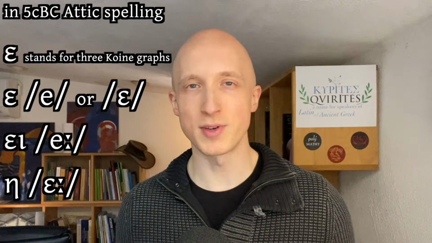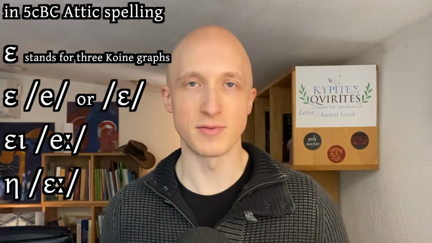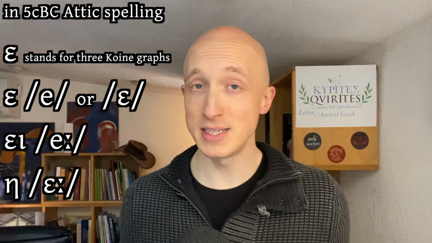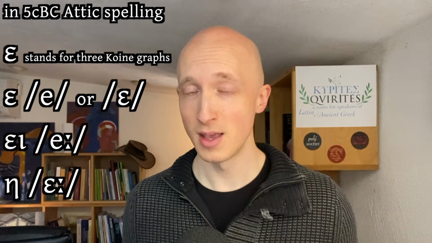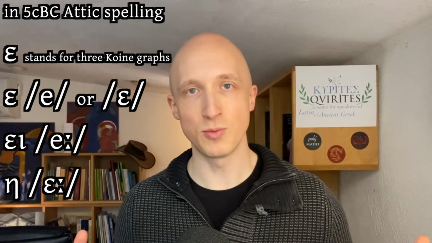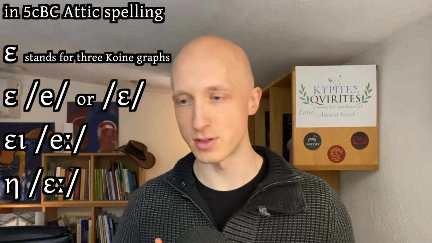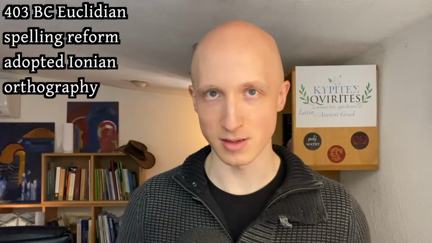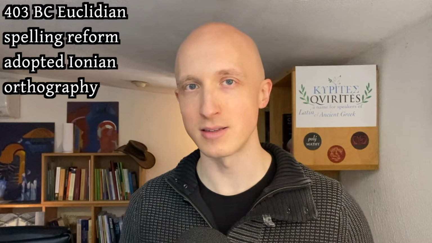But because these 3 writings, these 3 graphs, if you will, which are a letter epsilon, epsilon iota, and eta, have 3 different sounds associated with them, a new spelling system was required. The writing system that we use for ancient Greek, and which is of course where modern Greek gets its spelling as well, is the Ionian system actually, not the Attic or Athenian system.